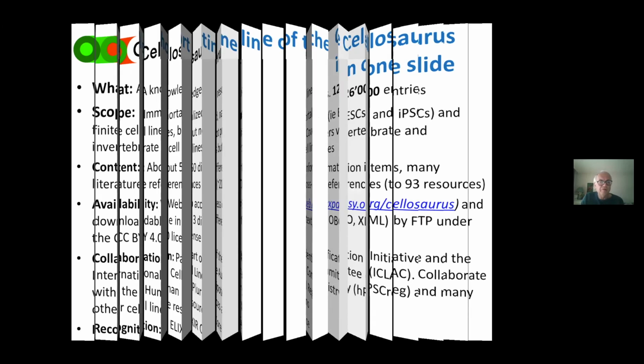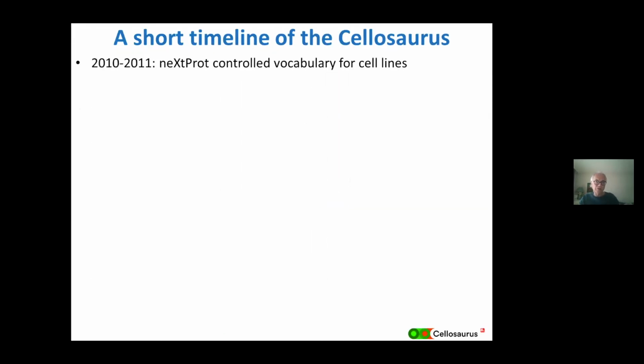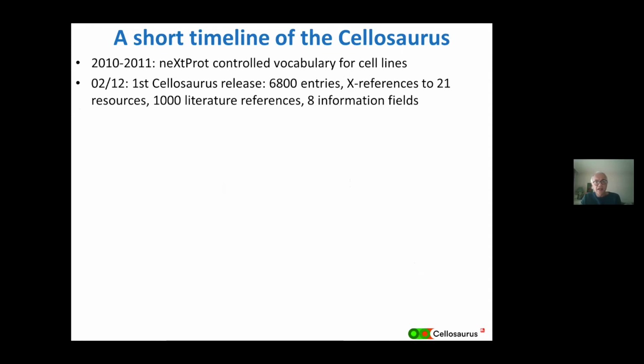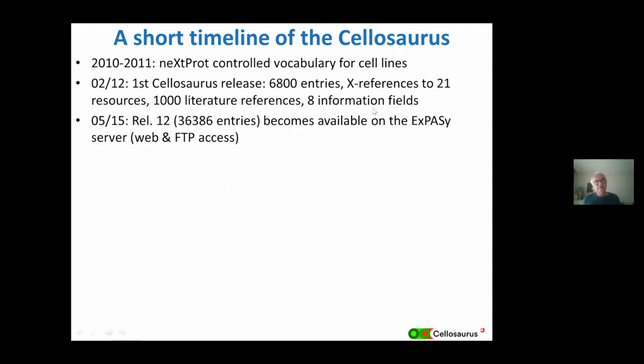Now, if I look at the timeline of Cellosaurus before going into the second part, as I told you, it started as a controlled vocabulary for neXtProt, and it was released with the name Cellosaurus at the beginning of 2012 with 6,800 entries and cross-references to 21 resources and only 8 information fields. And then 3 years later, it became available on the Expasy server.